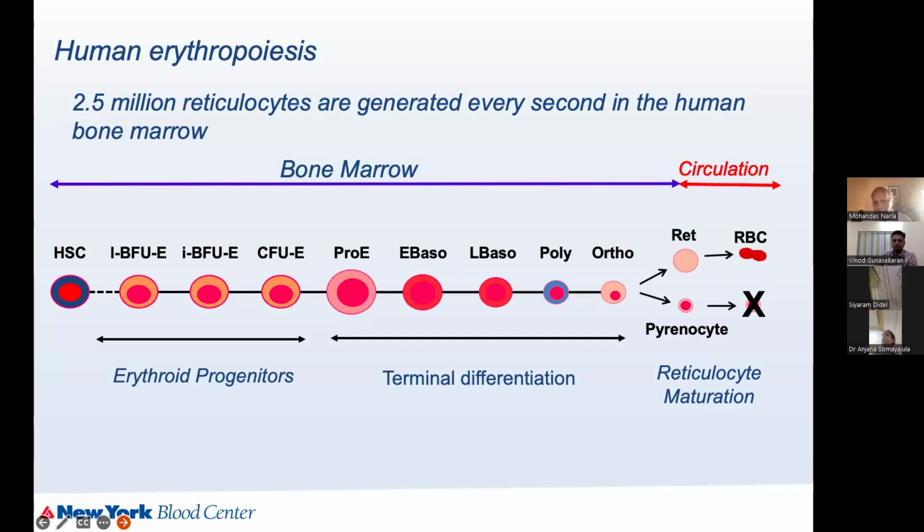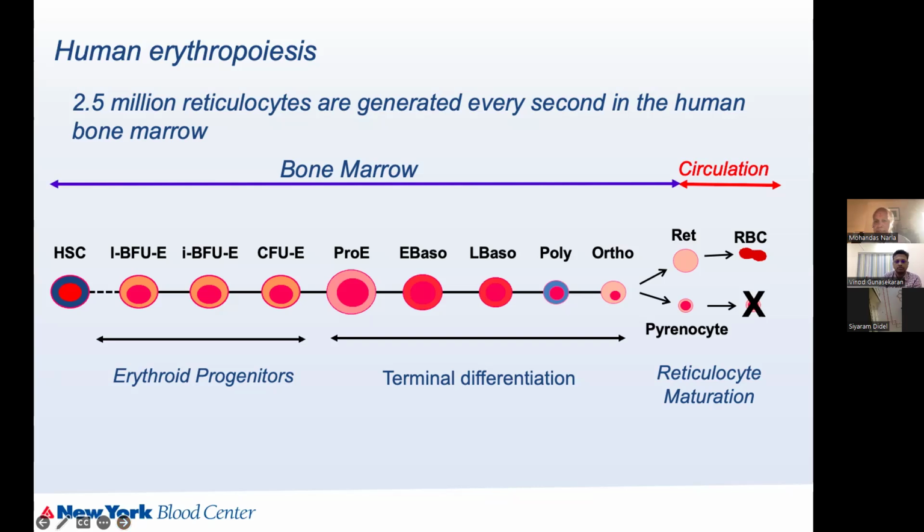The second stage, where the progenitors start differentiation and making red cells, is called terminal erythroid differentiation. And here you can morphologically recognize them in the bone marrow, starting with the proerythroblast, which then differentiates into early basophilic, late basophilic, and polychromatic and orthochromatic erythroblasts. Based on the nuclear morphology and extent of hemoglobinization, we can morphologically distinguish these five stages in human bone marrow.